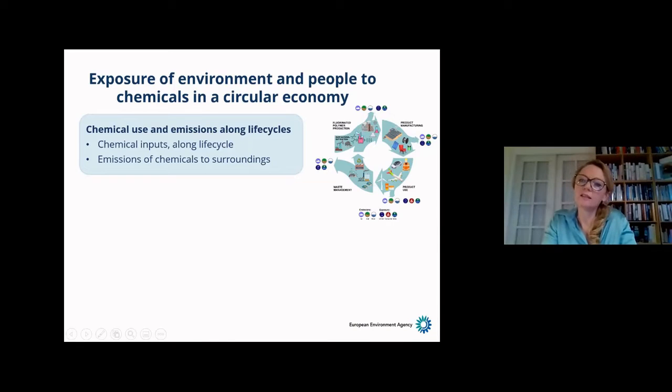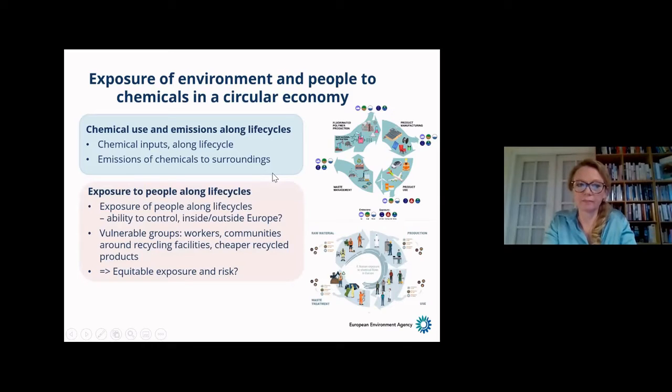And along these life cycles, you may have emissions to the environment and to people. And this little figure here shows that it's not just the environment, it's really also all the workers involved along the life cycles, from the production, manufacturing, and the end of life, as well as the workers applying it during the use of the products.